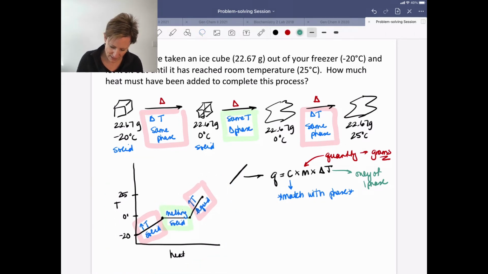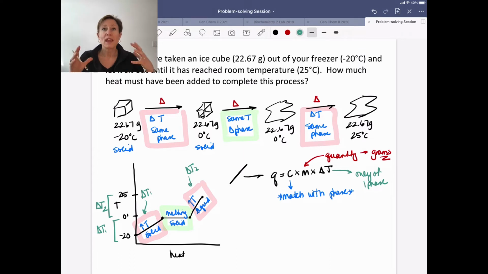So this is going to be one delta T, and that's going to be delta T2 for here. And then this delta T is going to be for my first delta T. I know that's a lot, but we have to make sure we match all of these pieces together. So that's if we have one of those increasing lines.